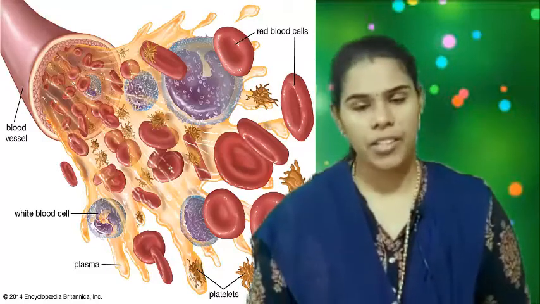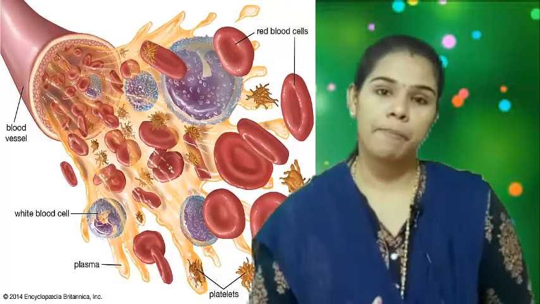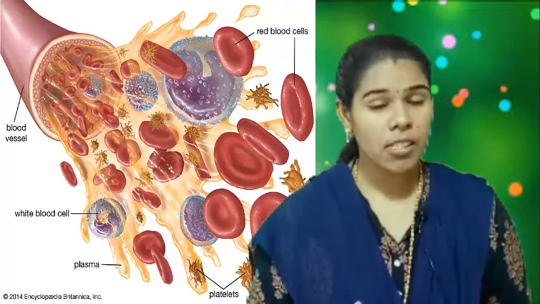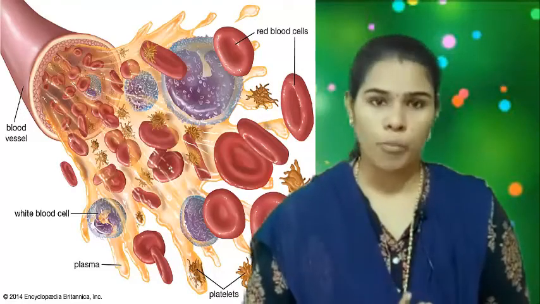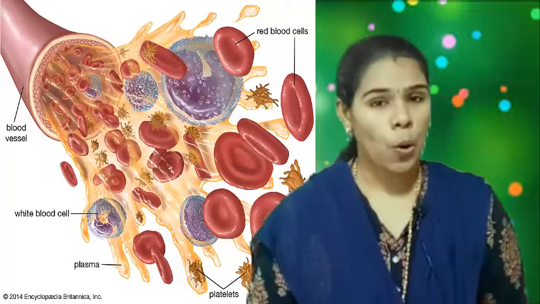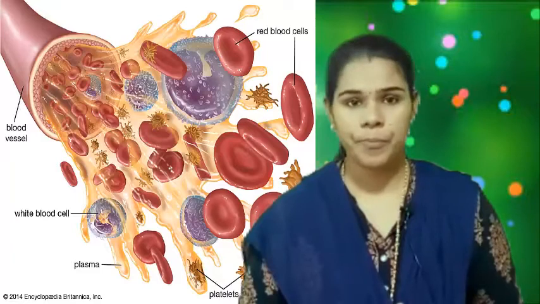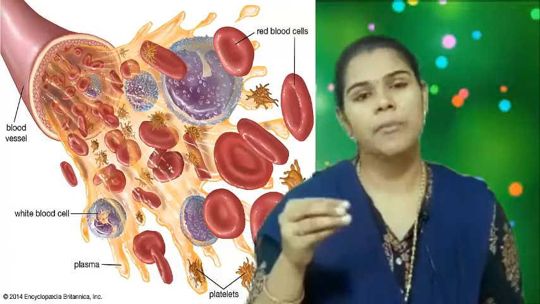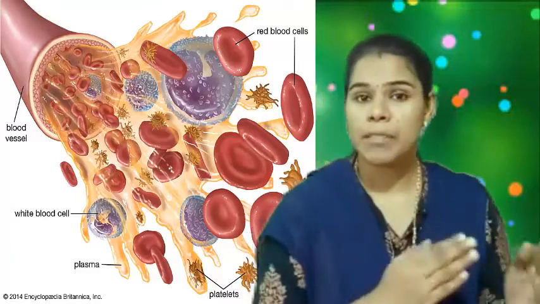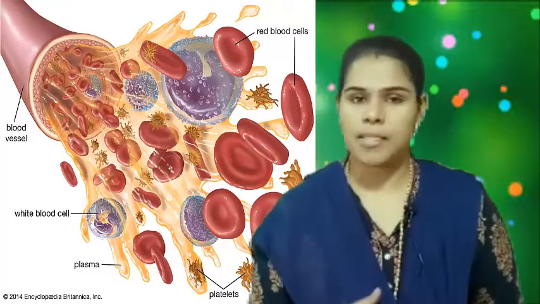It is very important, plasma. This plasma is made up of proteins, salts and hormones. So blood matrix is fluid, and this matrix is called plasma.